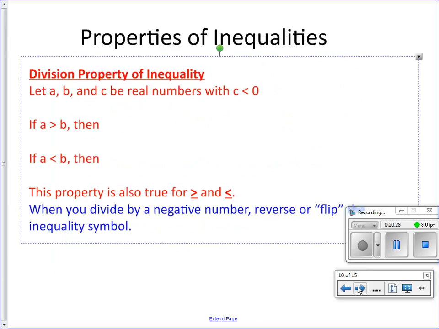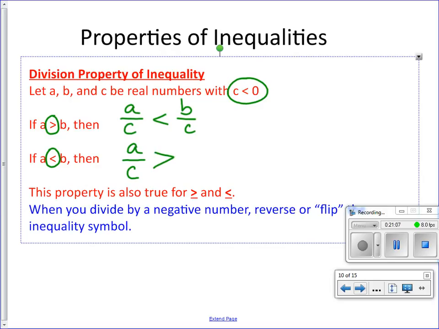Okay, so this leads us to the division property of inequality. The division property of inequality says when we are dealing with a divisor that is less than 0, if A is greater than B, then A divided by C is going to be less than, notice I've changed the symbol, B over C. And likewise, if A is less than B, then A divided by C, I've got to flip the symbol, is going to be greater than B divided by C. And of course these properties also hold true for greater than or equal to and less than or equal to.